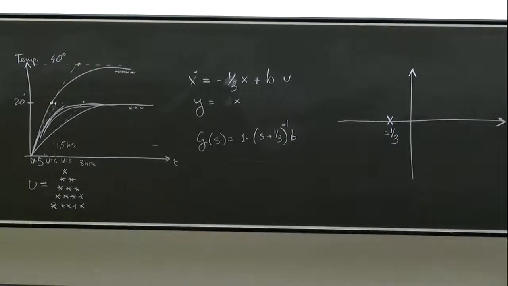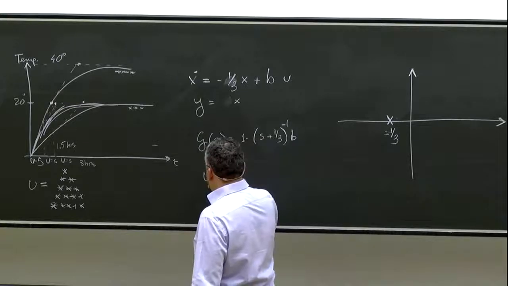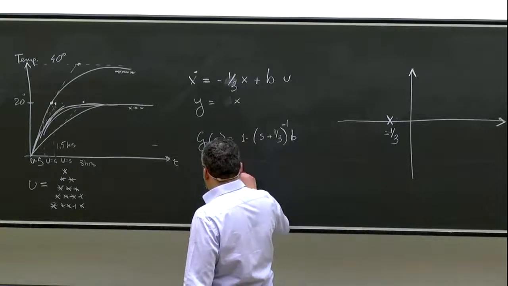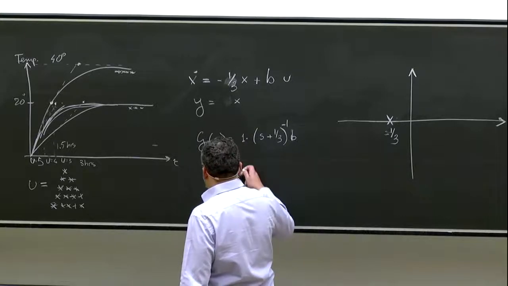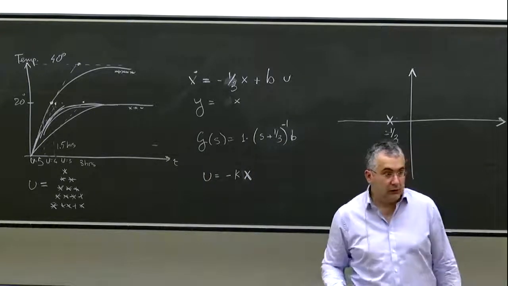Okay, now when I apply my feedback, what is happening? So let's say that my feedback is that U now is minus K times the temperature, okay?